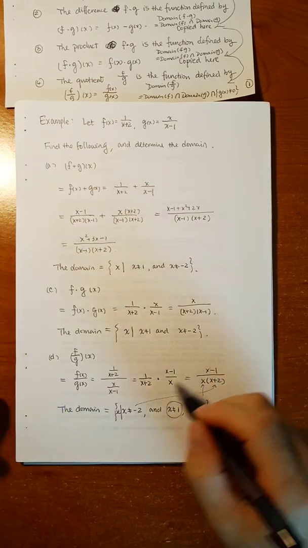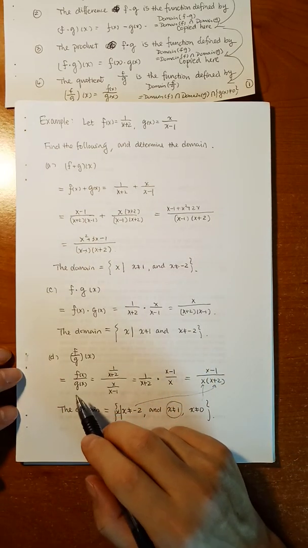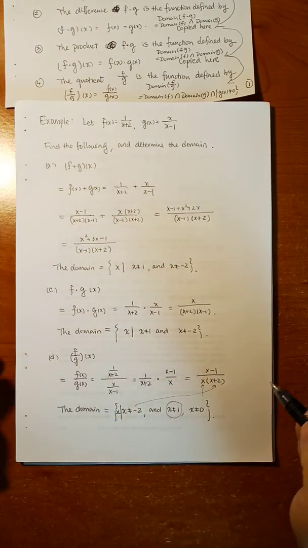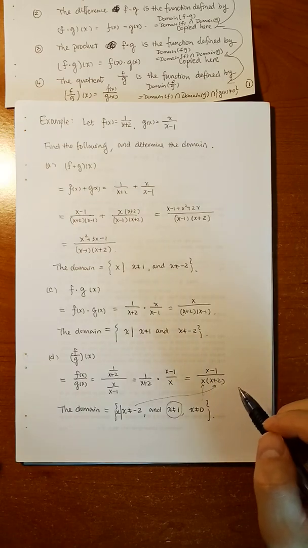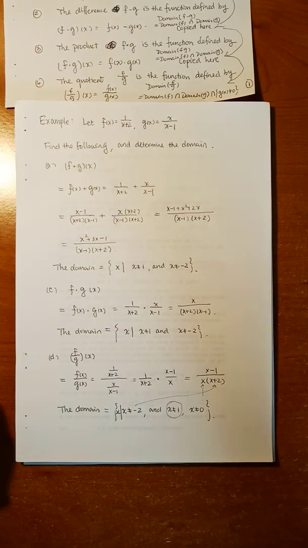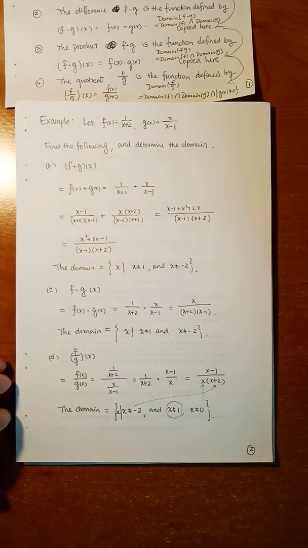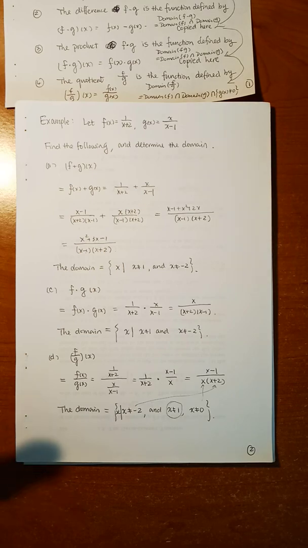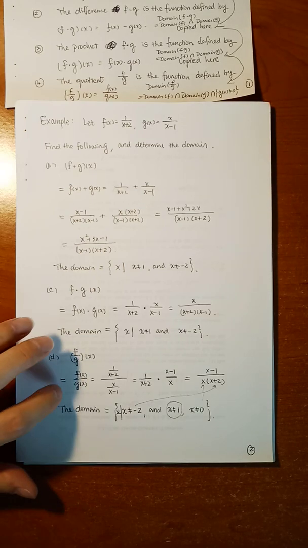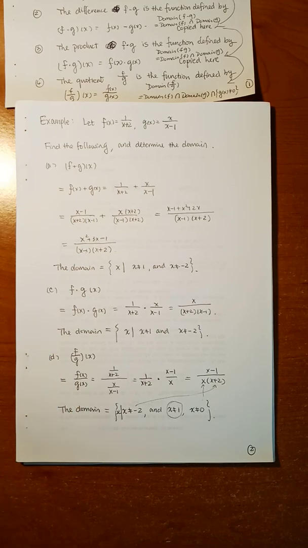Since your expression comes from g of x, which has a domain, you have to remove 1. Okay, so that's a small subtle point. Even though in the final expression 1 looks fine, it is not in the domain because from the origin it's not in the discussion.